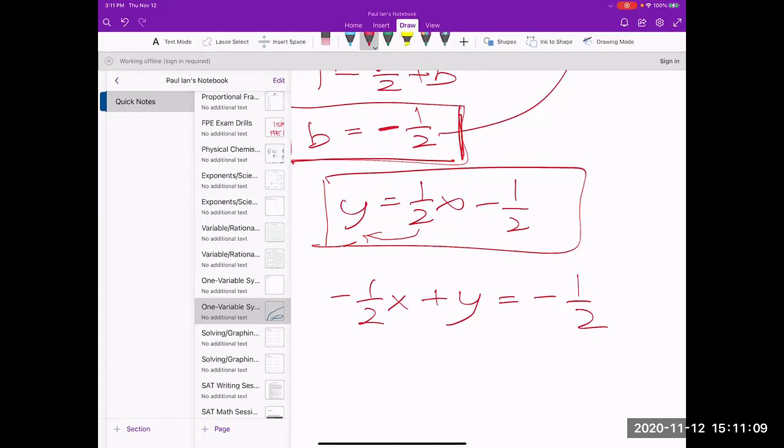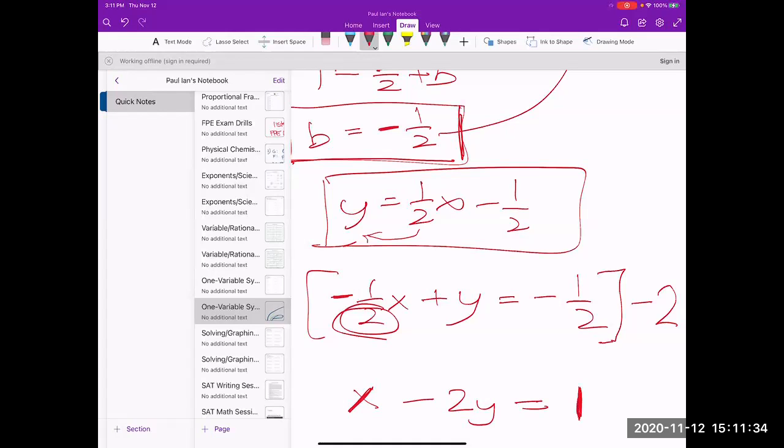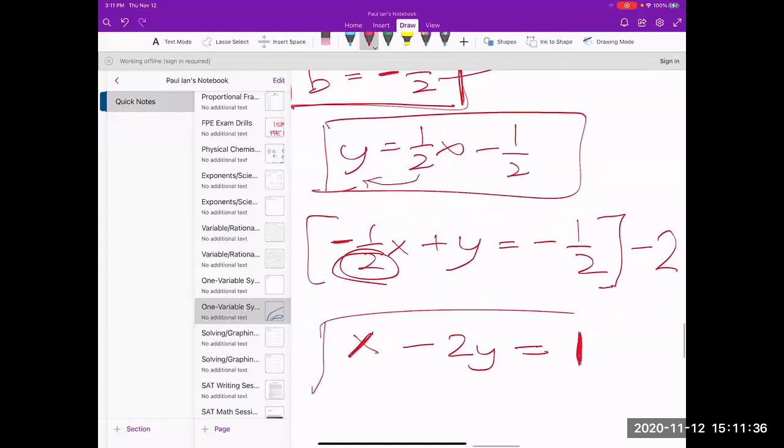What I would do is times it by -2, because you don't want negatives and you always multiply it by the denominator. So when you do that, this first term becomes just x, the next term becomes -2y, and the negative 1/2 becomes 1. And that's it. That's your standard form.